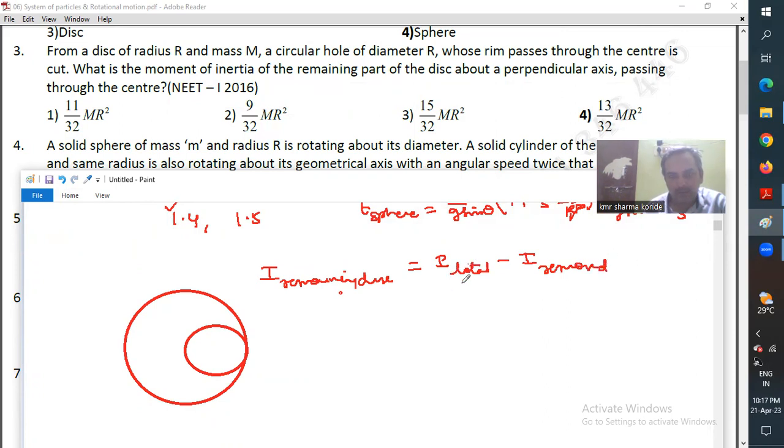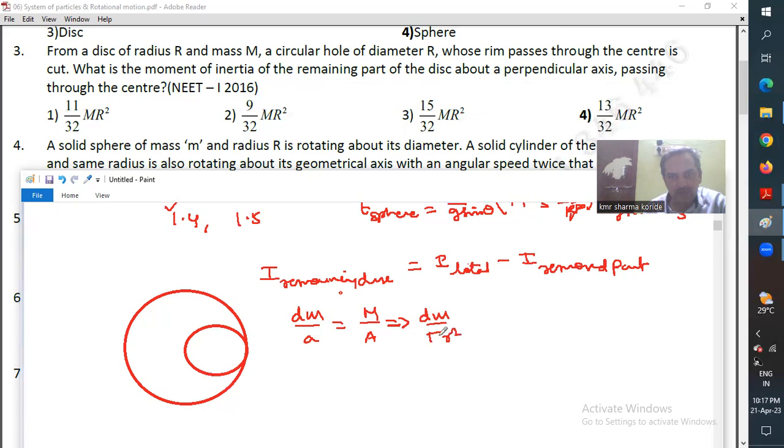So this is before we cut. This is the removed part. So first let us concentrate on the removed part. Concentrating on the removed part means we need to find out the mass of the removed portion. So let us say dm by small a area is equal to total m by capital A. So therefore dm is the mass of the removed portion.